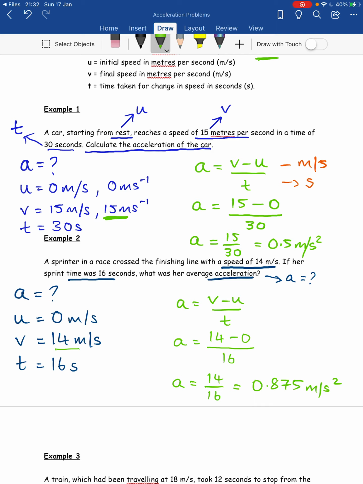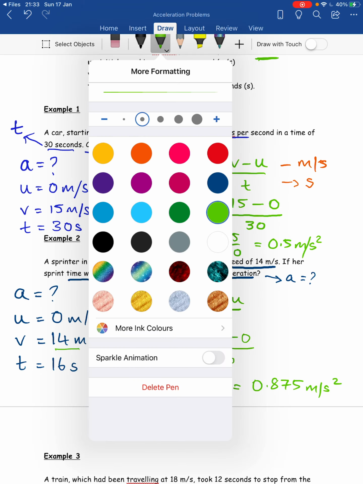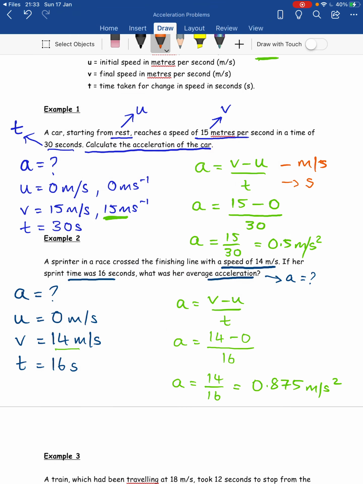And what that tells us is, obviously in a sprint race, your speed would increase from the start because you go from not moving to reaching a fairly high speed. And what it means is 0.875 meters per second squared basically tells us that her speed increases by 0.875 meters per second every second.